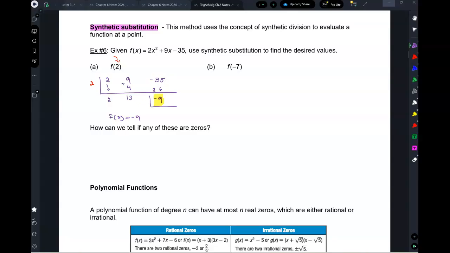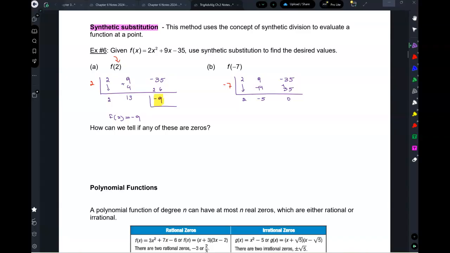Okay. Now let's do this one. f of negative 7. So here, I put the coefficients 2, 9, negative 35. Negative 7 as is goes here. 2 goes down for free. Multiply: negative 14, get negative 5. Multiply, I get positive 35.